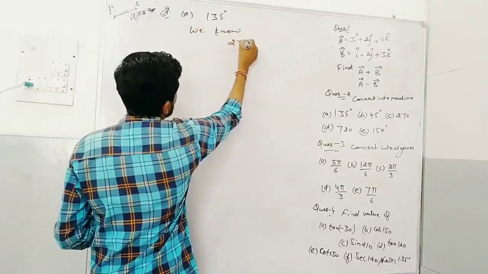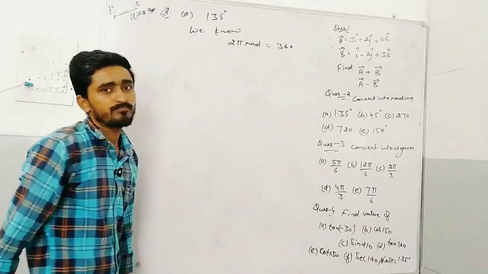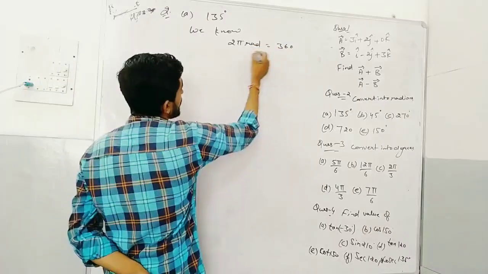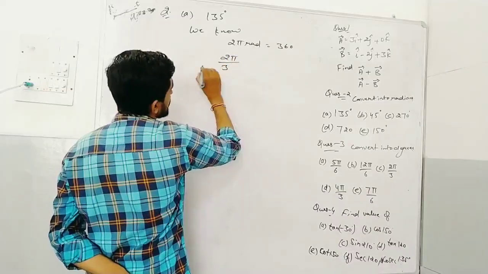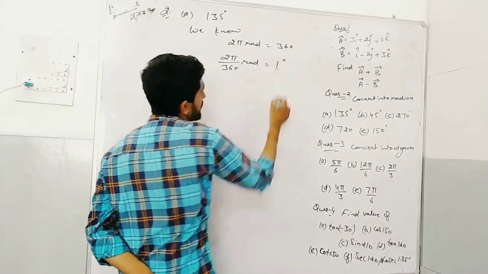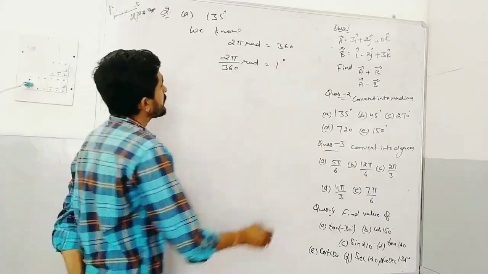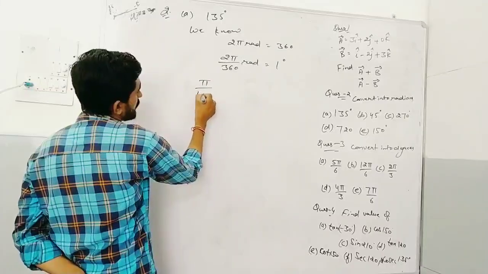We know 2 pi radian equals 360 degrees. So 1 degree is equal to 2 pi upon 360, which is pi upon 180 radians, and then we have to find 135.